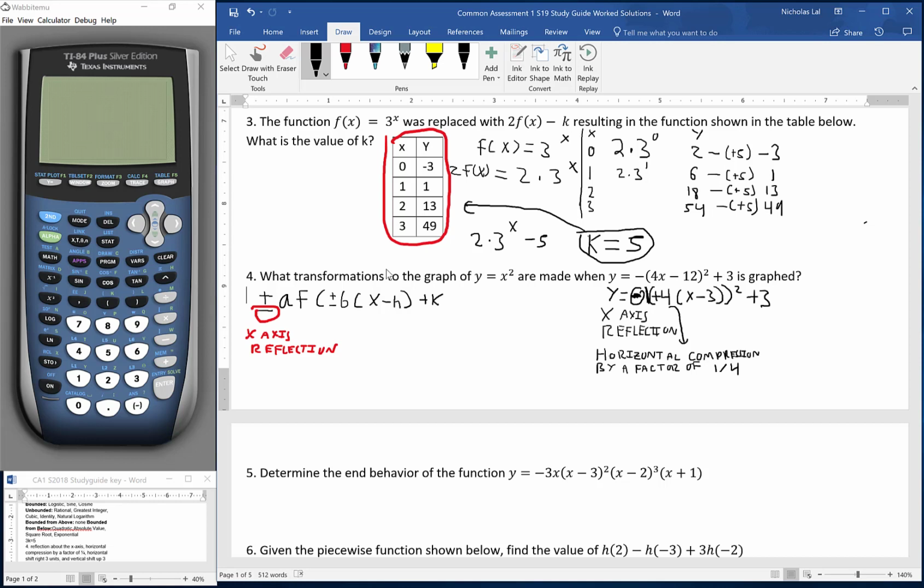All right. Now, then you have a shift, right 3.